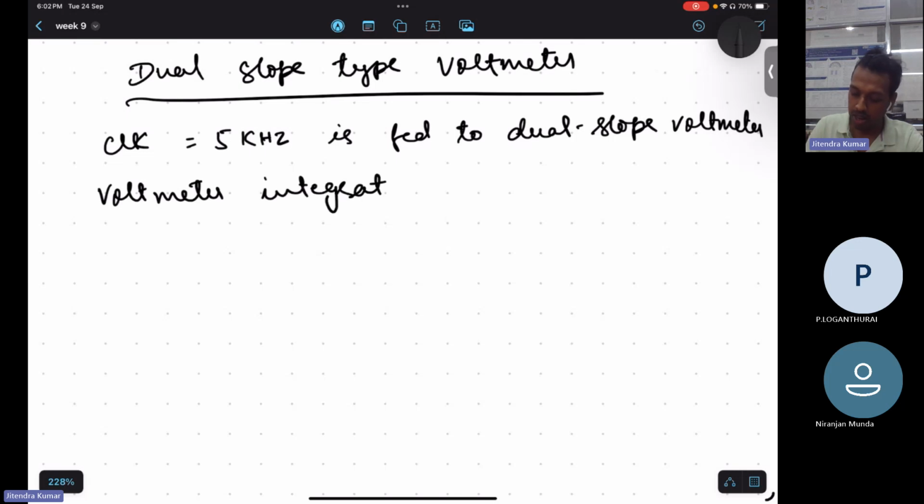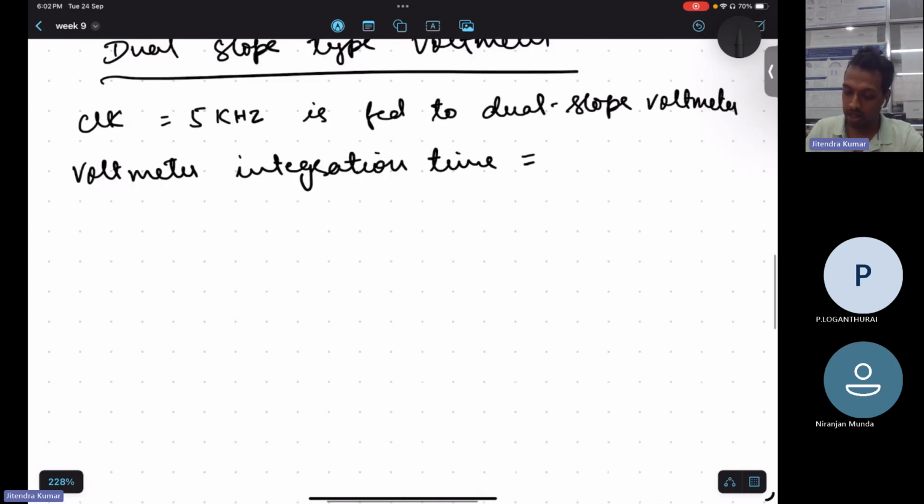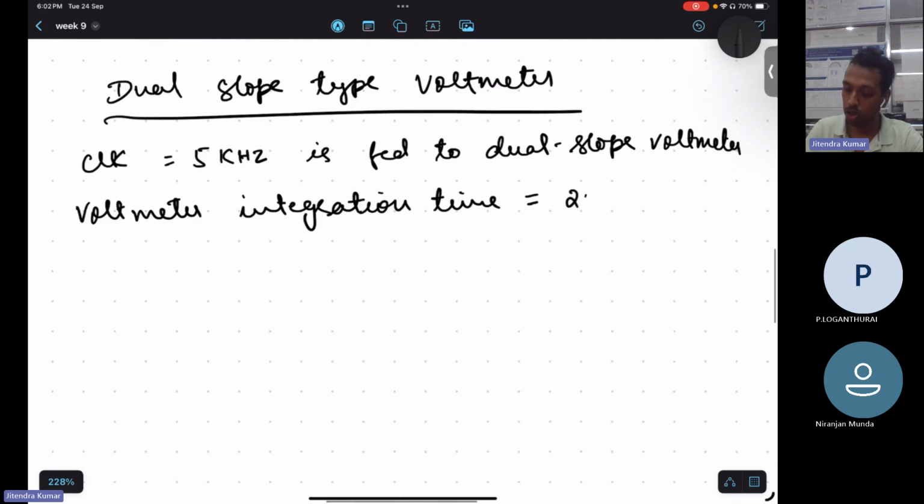So we will look at each term and what they mean. First, let me write the problem statement here. So the voltmeter integration time is 2000 clock cycles.